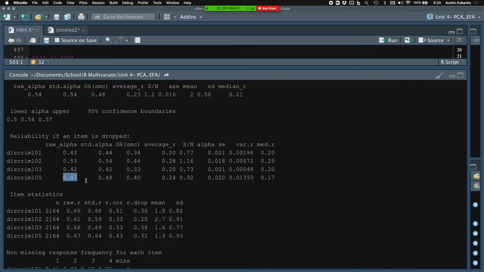Descrim 105, remove that, and our alpha would be even lower at 0.47, etc. So if you're looking at these, and for instance, say our alpha is 0.54, but if this said, oh, if you remove Descrim 102, that alpha is going to be 0.83, then you know that this one item in particular is really screwing this up, and maybe that item should be removed from the rest because it's not really hanging with all of these others.